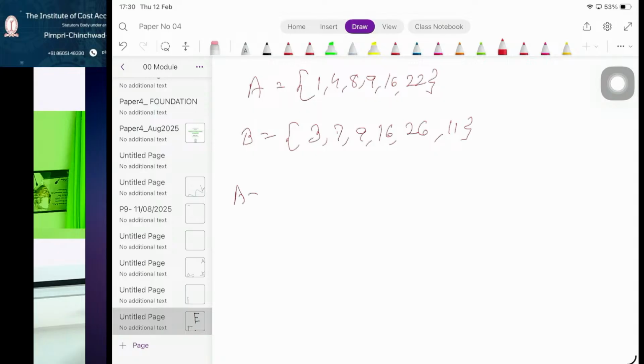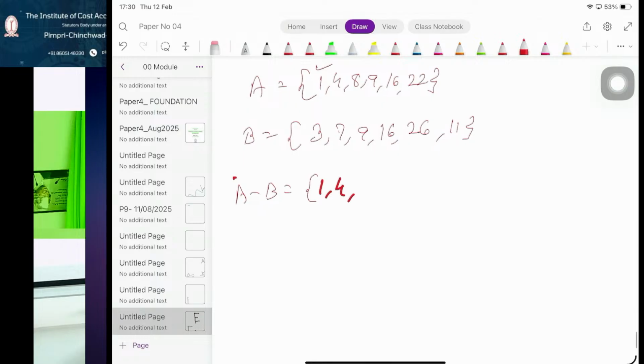Now A minus B, which is in A only but not in B. 1 is not in B, so this will be the element. 4, yes. I am referring to A. 8, yes, definitely. 9, yes, this is in B also, cannot be the member. 16, cannot be the member. 22, not in B. This is A minus B.